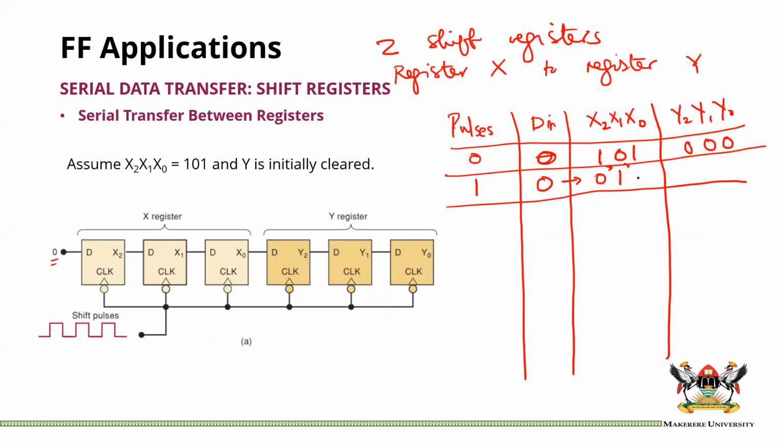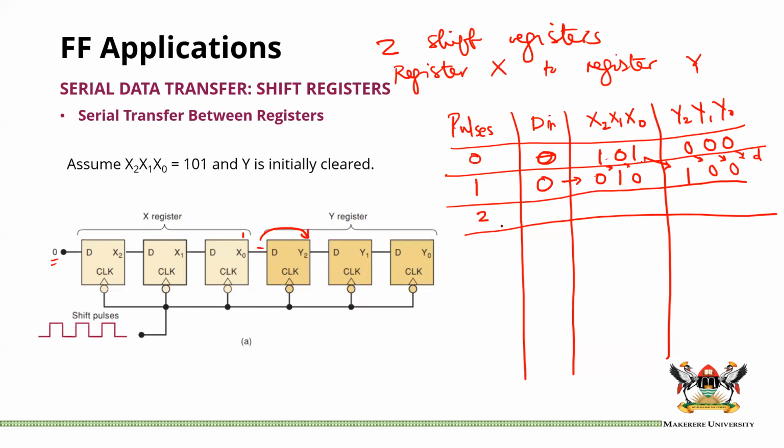Now remember X0 was a 1, but this one is saturating here. So it's the first one that makes the jump and crosses into the new register. That 0 goes there, and that 0 goes here, and that 0 is discarded.